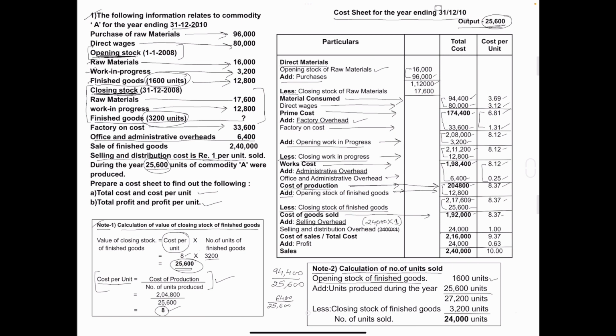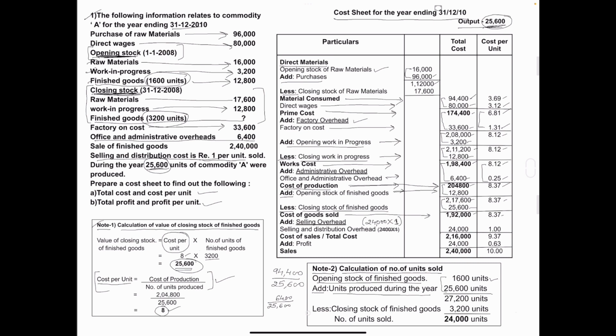In that we have to add units produced during the year. Opening units is 1,600 and in this year they have produced 25,600.